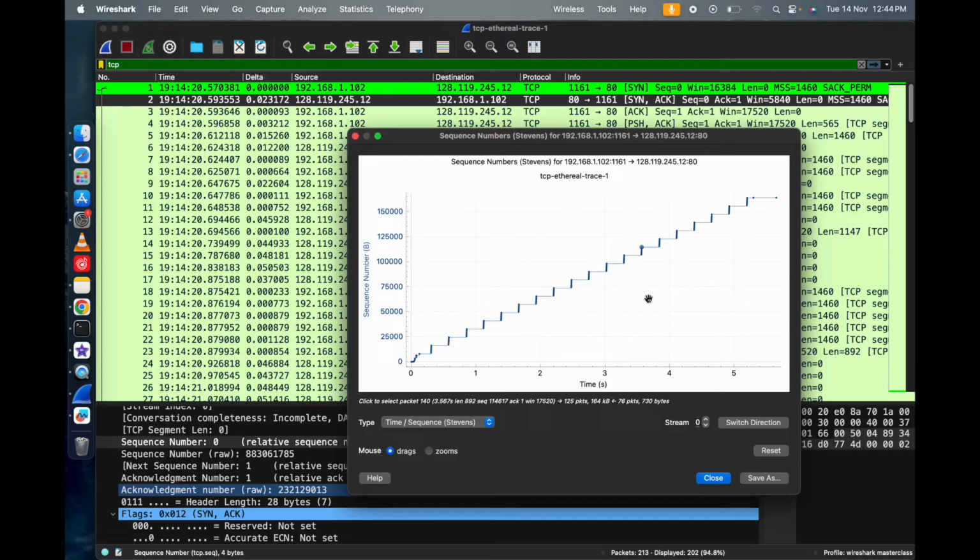So as of now, in this graph of this trace, all sequence numbers from source to destination are increasing constantly with respect to time. If there is a retransmitted segment, the sequence number of this retransmitted segment would be in a parabola shape. So that was not the case here. Okay.